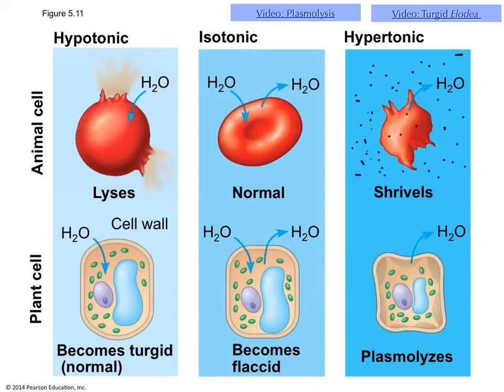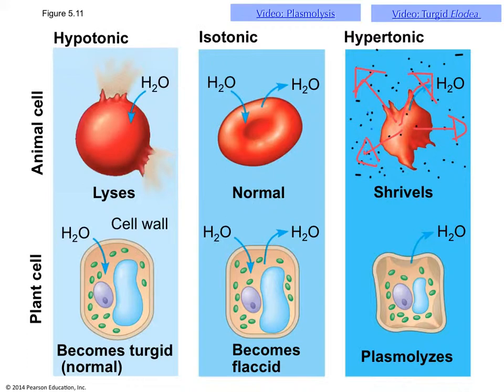So what does that mean? Water moves towards where there's more solute, which means that water is going to move out of the cell into the environment to dilute the environment. This can go on for a little bit and we shrink until it reaches equilibrium, or if it goes on even longer than that, the cell will actually shrivel up and die.